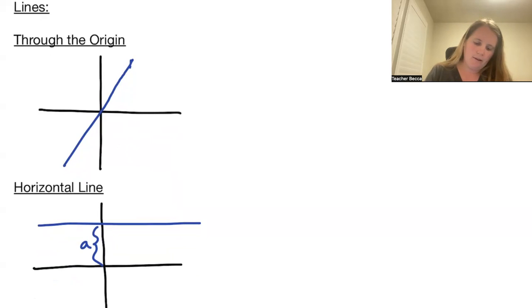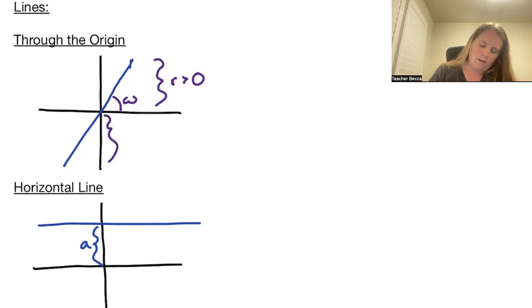So note, if a line goes through the origin, then every single point on that line can correspond to angle omega. Some of the points in the direction of omega are for positive r. And then the points opposite omega are for r less than 0.